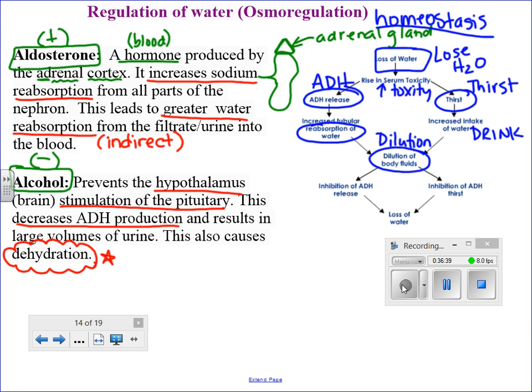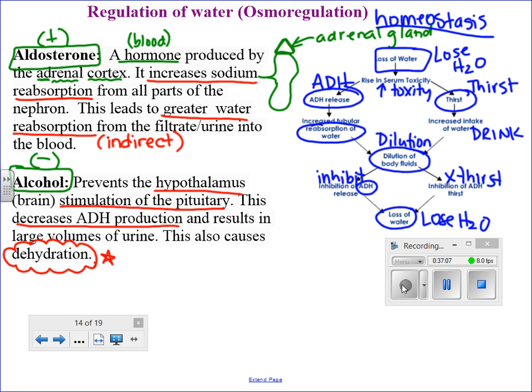Now, if your blood becomes too diluted and your brain detects that concentrations are not high enough, then we will inhibit ADH, so its secretion will stop. We will not be thirsty anymore. And we will go back to the situation where we lose water until we reach a balance.